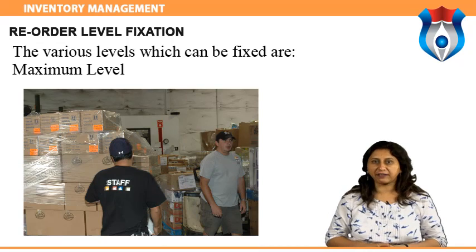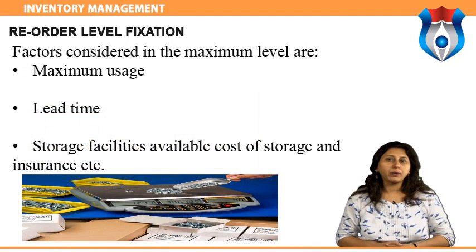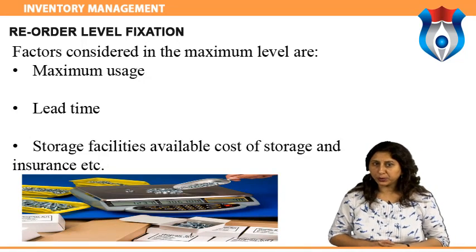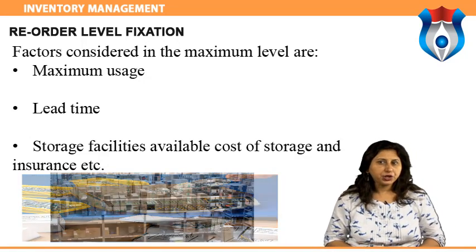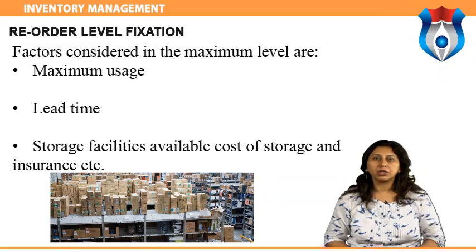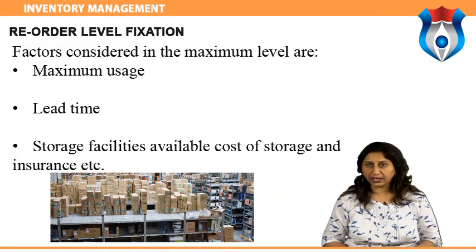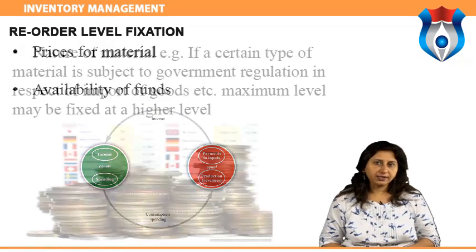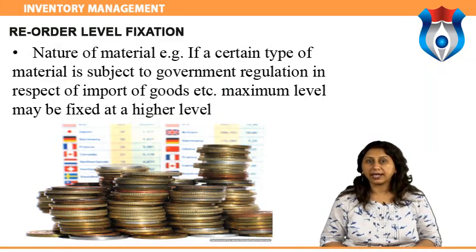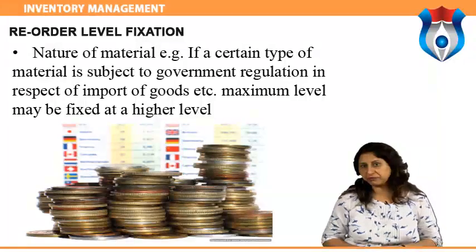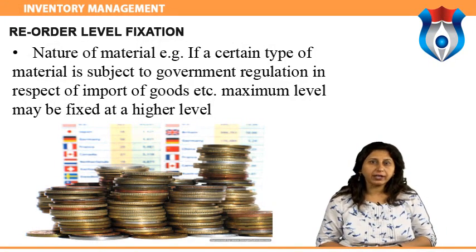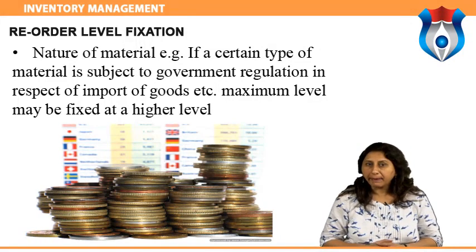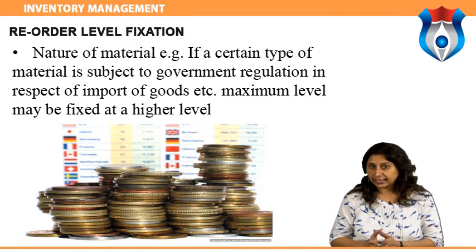While fixing this level, the following factors are considered: maximum usage, lead time, storage facilities available, cost of storage and insurance, prices of material, availability of funds, and nature of material. For example, if a certain type of material is subject to government regulation in respect of import of goods, the maximum level may be fixed at a higher level.